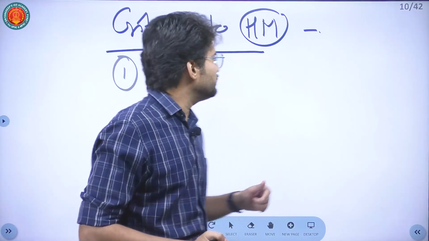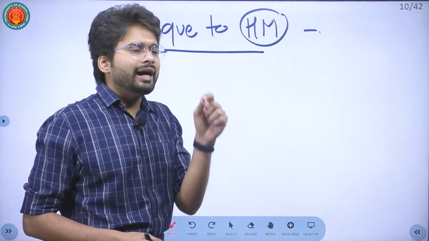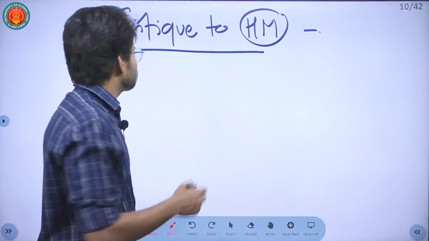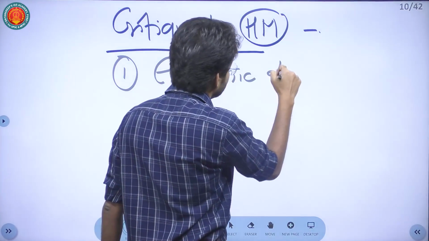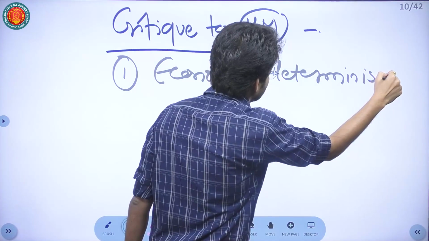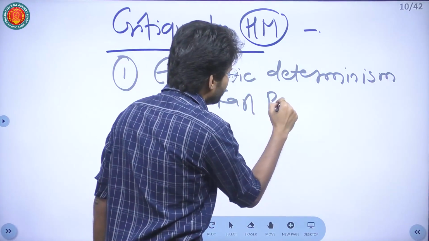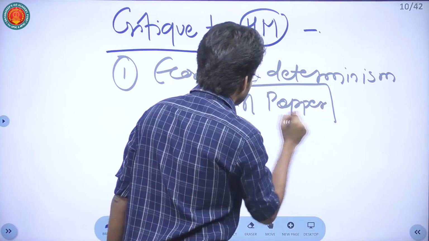And that's how, according to Karl Popper, the first and most important critique of the idea of historical materialism is that it is economically deterministic. Okay, this critique was by Karl Popper.